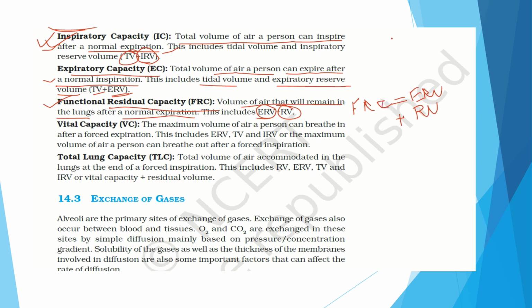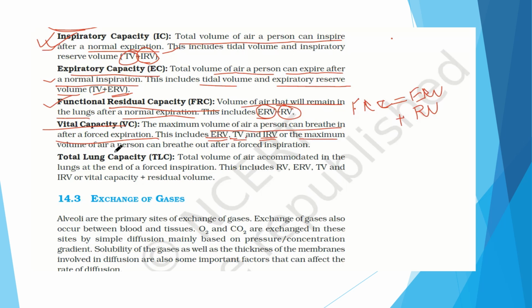Okay, so now what is the vital capacity? Vital capacity is the maximum volume of air a person can breathe in after a forced expiration. So this includes the ERV, TV and IRV, that is expiratory reserve volume, tidal volume and inspiratory reserve volume.